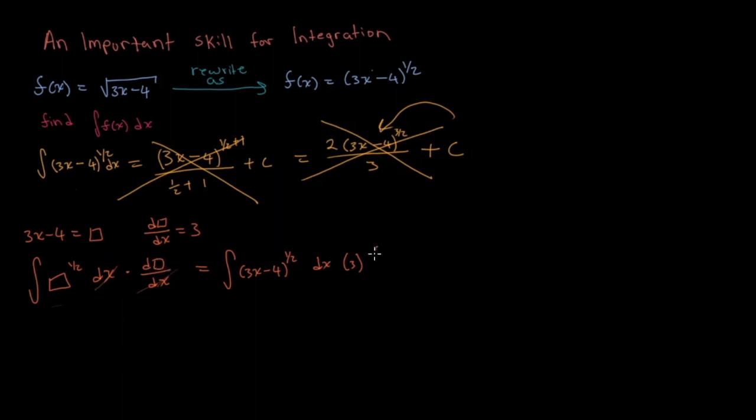We simply multiply this by 1 over 3, which you can visualize as these 3s canceling out. And there you have it. So we can integrate from this point on, because we can take this 1 over 3 out of the integrand, times (3x minus 4) to the power of 1 over 2 times 3 dx.